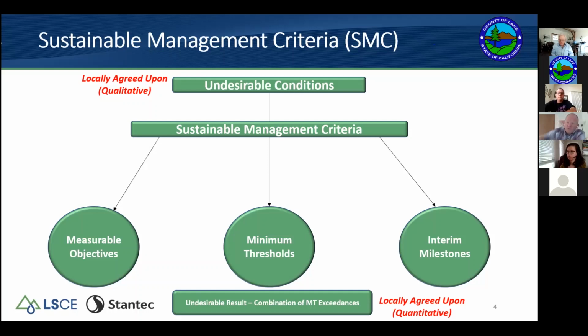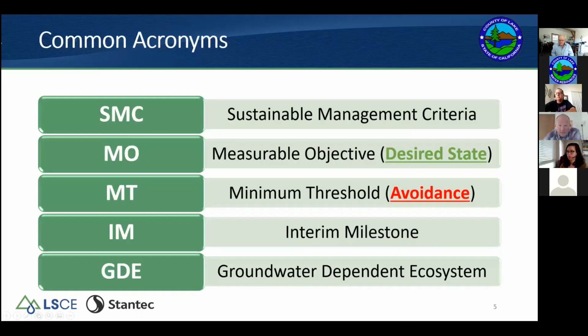If folks have questions, we're a small group, feel free to jump in. Again, acronyms, I just want to make sure everybody's on the same page. So hopefully everybody understands SMCs are sustainable management criteria. You'll hear a lot today about MOs and MTs. I always think of the MO as where we want to be. It's the desired state, and it references the measurable objectives.